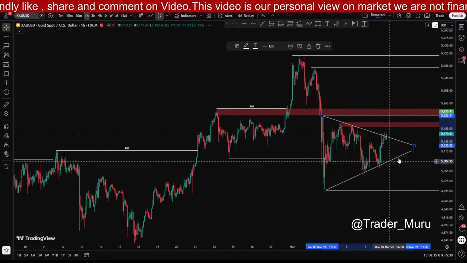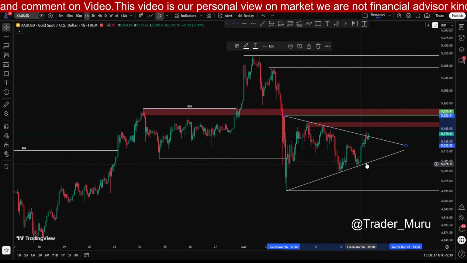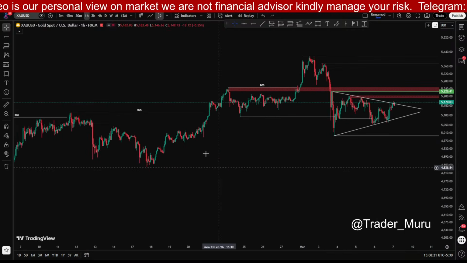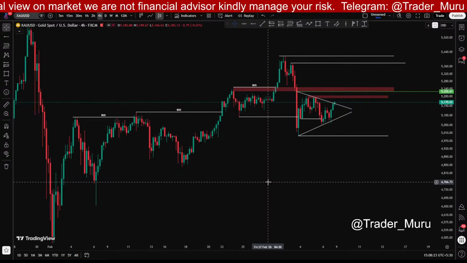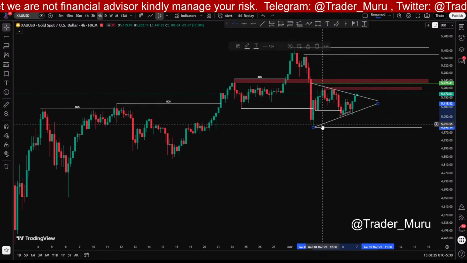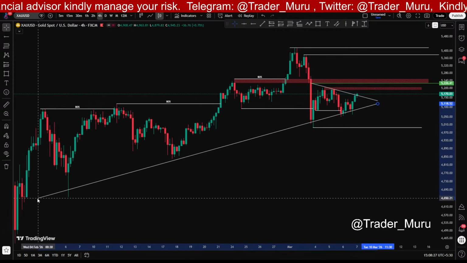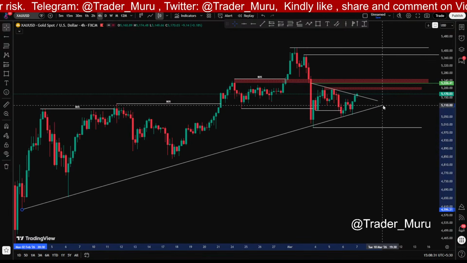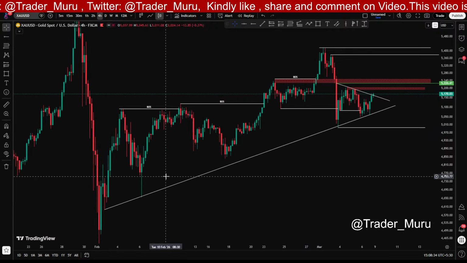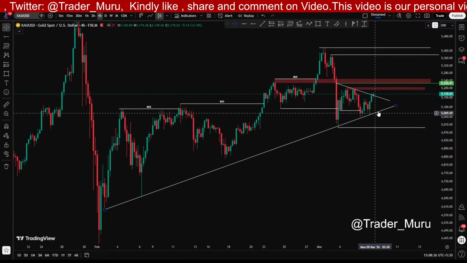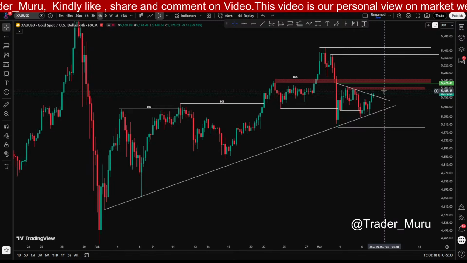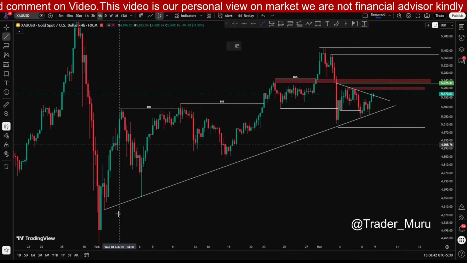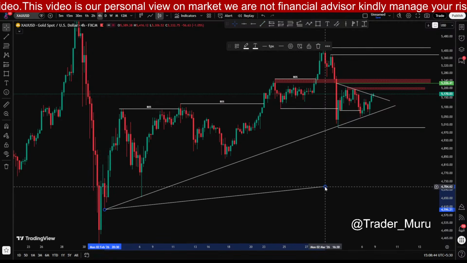There is no short opportunity before breaking below this trend line, because this trend line is running from here. If I extend it, it will be from here. So we need to wait for the breakdown of this trend line for the proper short confirmation, and our target can be the lowest liquidity at this level.